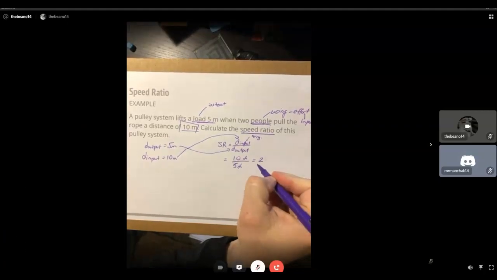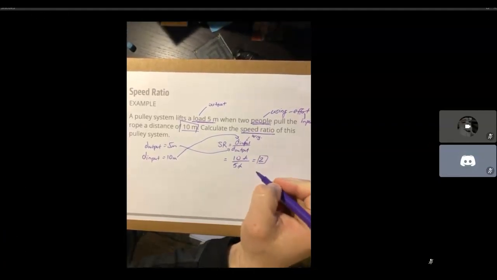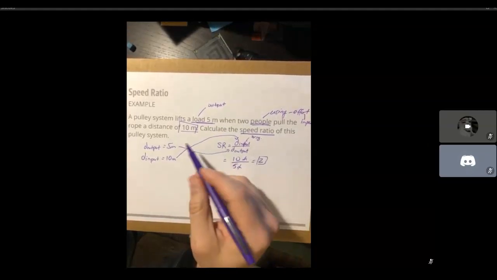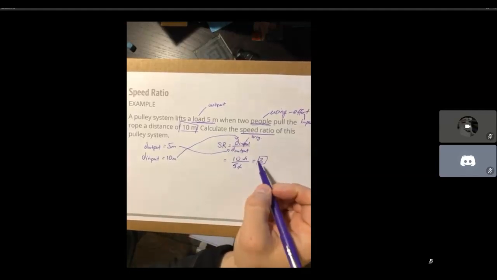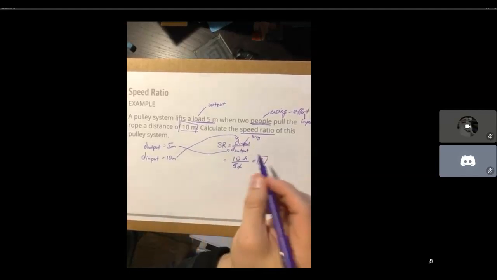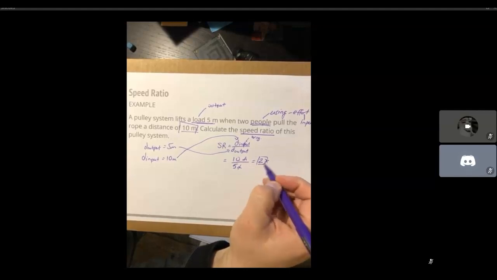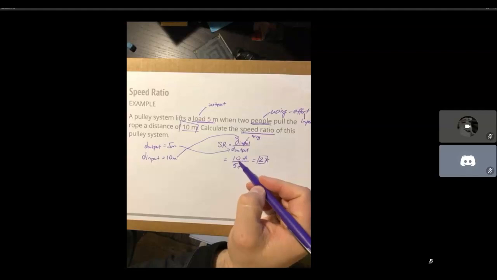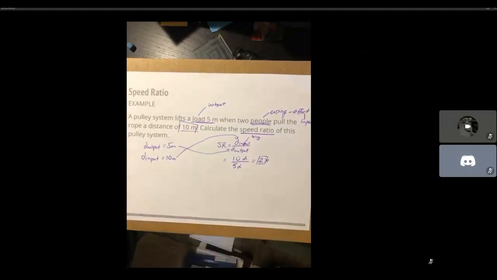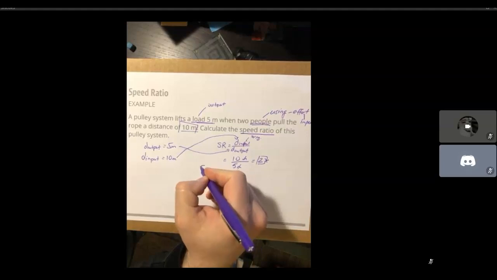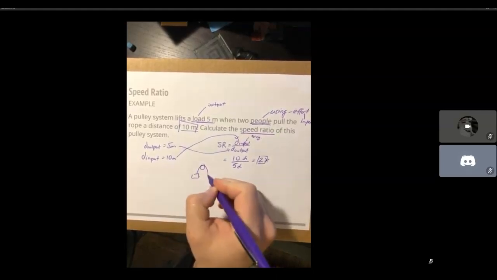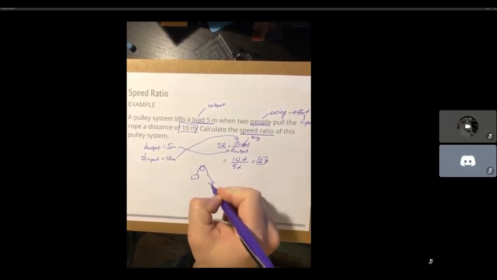So this speed ratio of 2 basically means that our input is going to have to move 2 times further than our output, our load. So what this means is, for those people inputting the force on that pulley, we've got a pulley system here, and a load attached to it, and some very poorly drawn people holding onto and pulling on it.